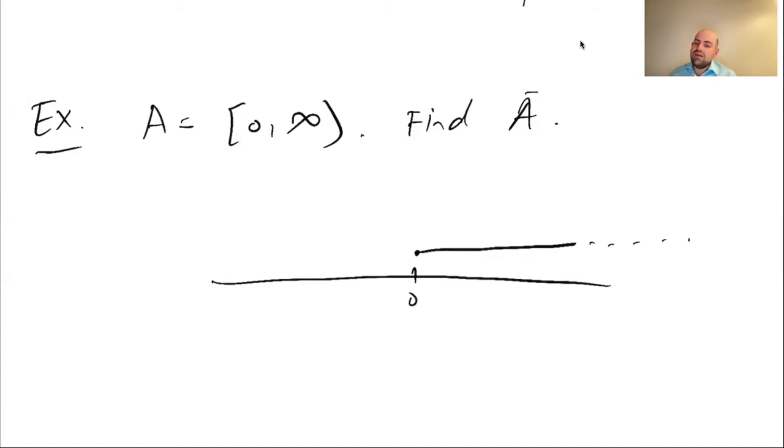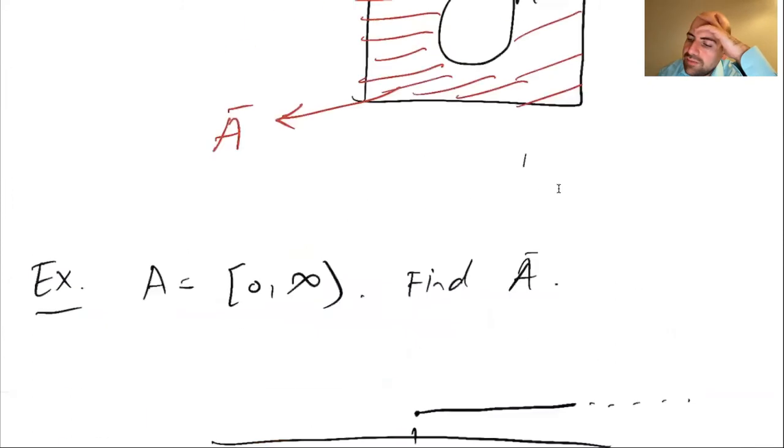But how can we formally prove that two sets are equal to each other? Like here, A minus B and A intersection B complement. So I explained intuitively why they have to be equal, but how can we prove it formally? Let's say in exam, you want to prove formally that these two sets are equal. How can we do that?